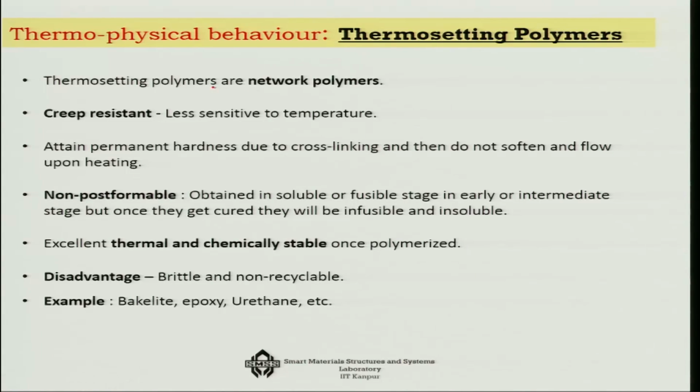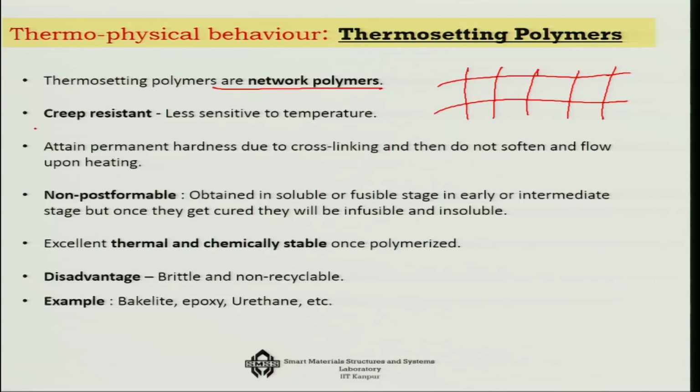Thermosetting polymers are actually network polymers. They are creep resistant, they are less sensitive to temperature, quite naturally, because unlike the linear polymers, here you have cross bondings and you have chemical bondings. That means the individual chains are not very free to move with respect to each other.